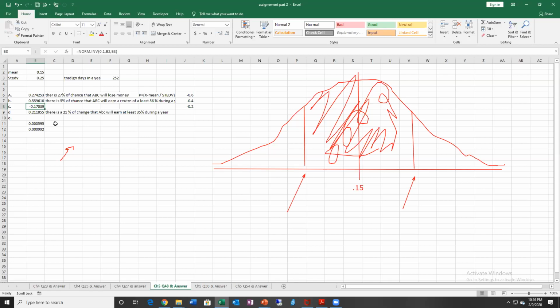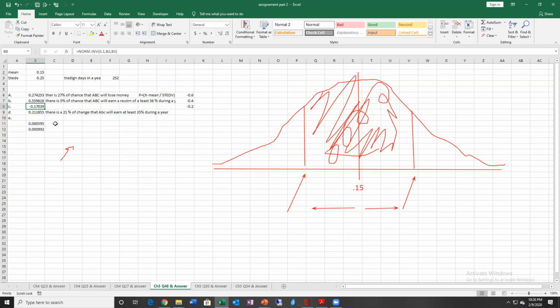So it will be 1.16. How'd you get 1.16? Isn't it 1 plus 0.15? No, all you're going to do is subtract the standard deviation from the mean for one direction and add the standard deviation to the mean for the other direction.